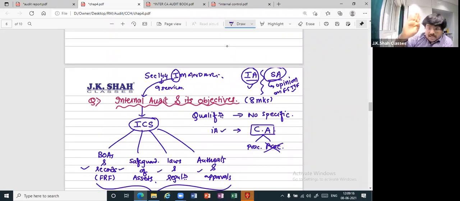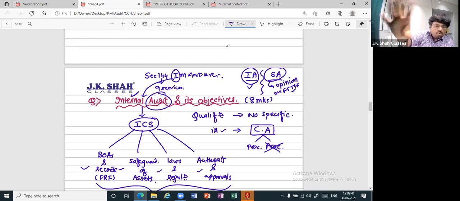Important: chartered accountant is not the eligibility for internal auditor. There is no specific eligibility. Anybody can become one. However, since the word auditor is associated with that word internal, those who are looked upon are chartered accountants, and therefore those who are appointed are chartered accountants, whether or not in practice.